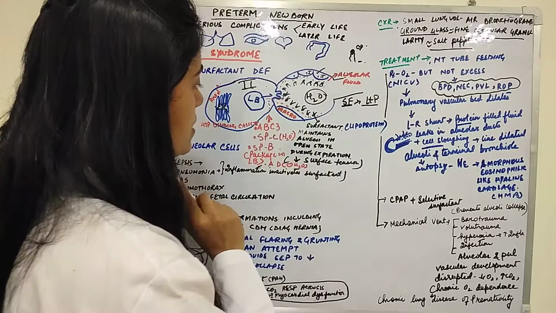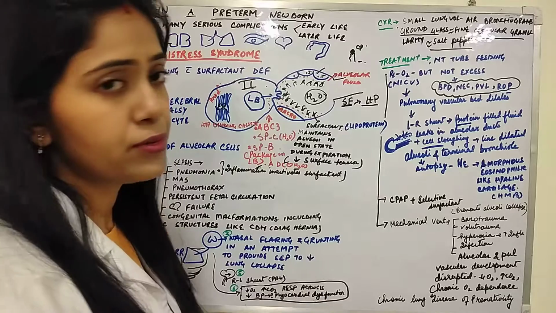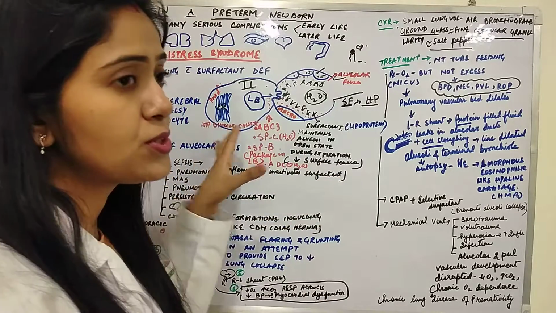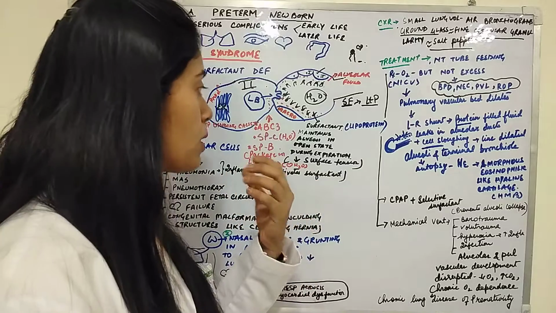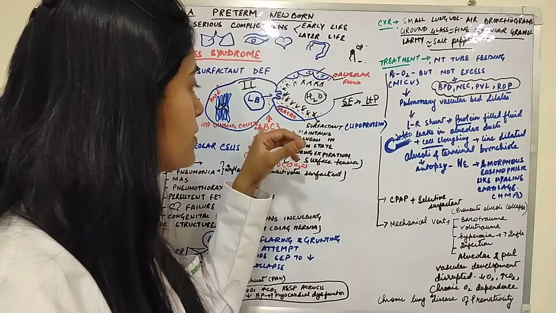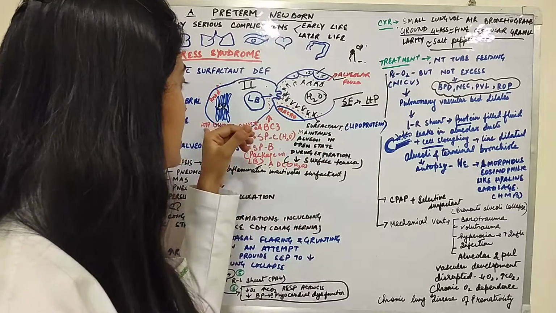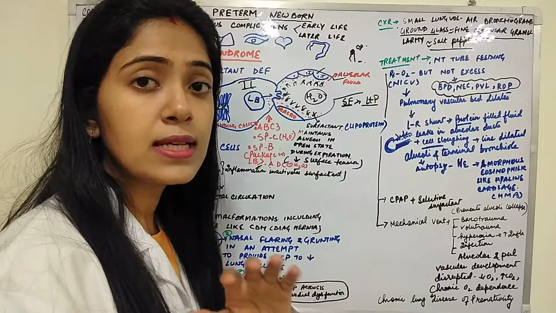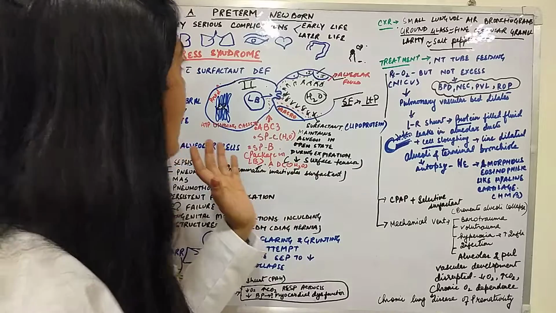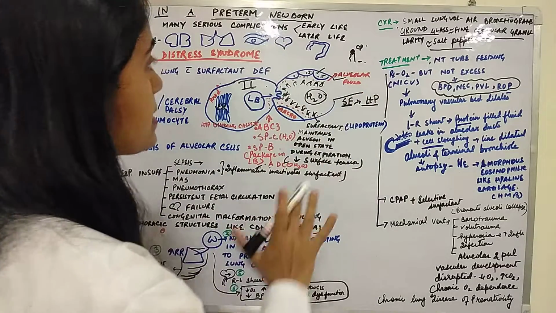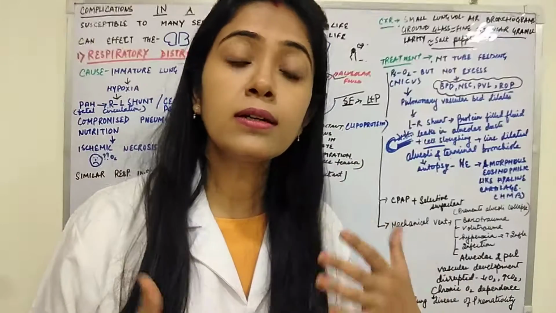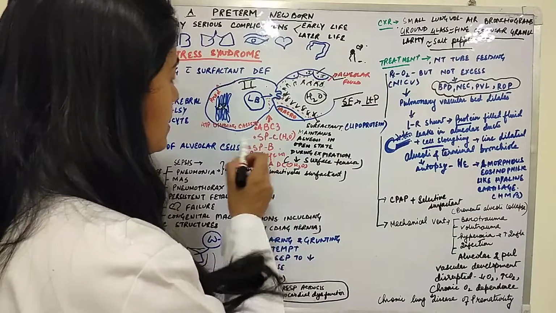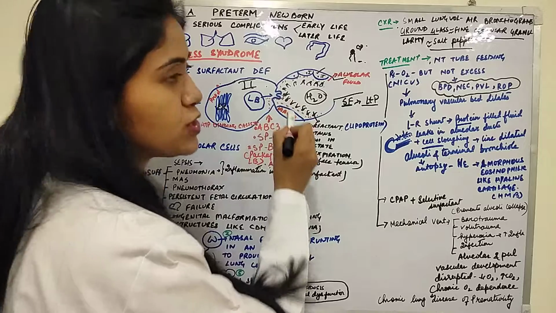One of the important transport proteins is ABCA3. This is an important point for exams, because if this ABCA3, that is ATP binding cassette protein 3, is missing, then you can have an RDS kind of syndrome even in a term baby, because over there the problem is at the level of transport.